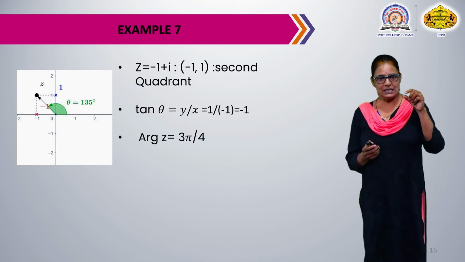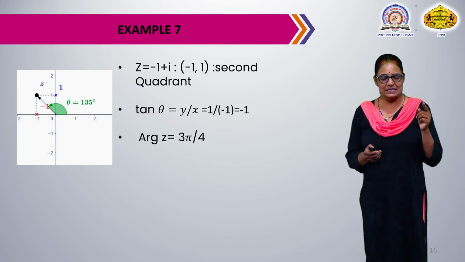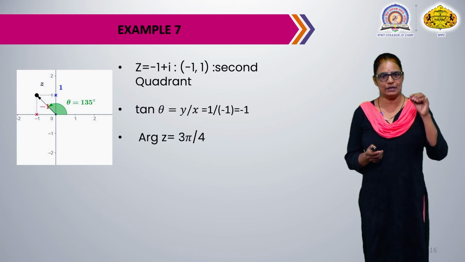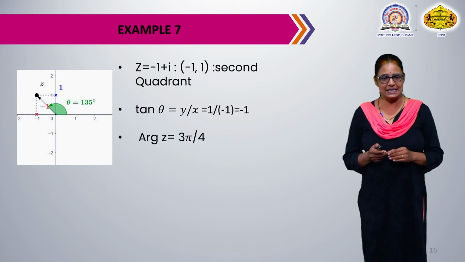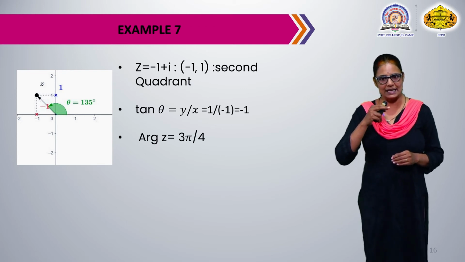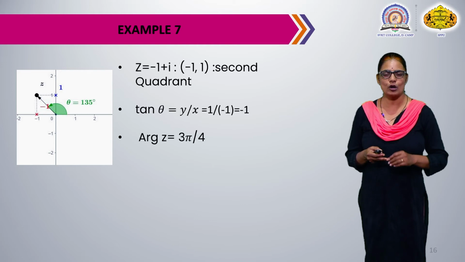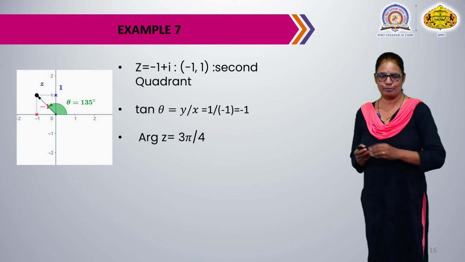Actually, see in the diagram, this minus pi by 4 is the angle between the radius vector and the x-axis, counted from the negative real axis in the clockwise direction. That's why we get theta equals minus pi by 4.